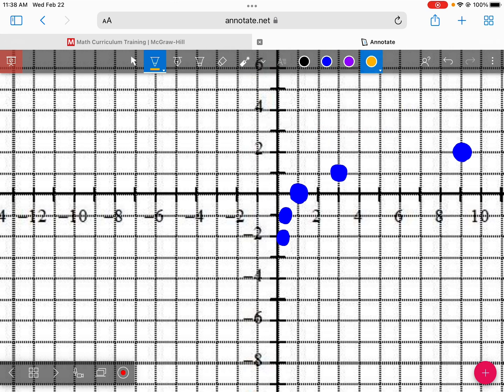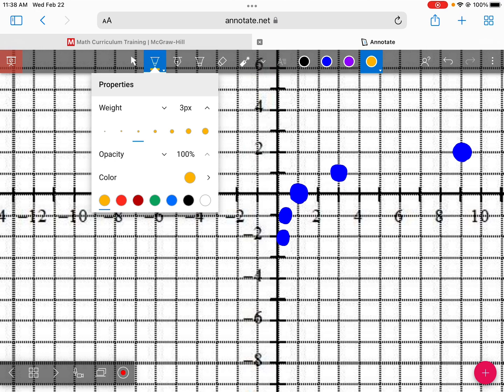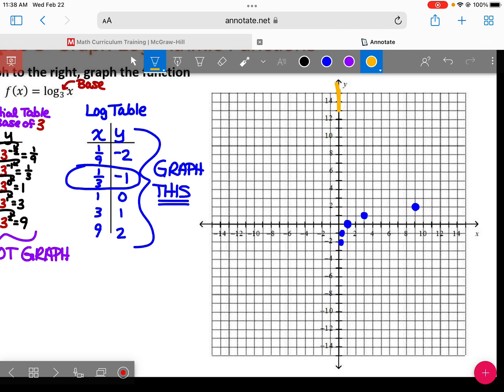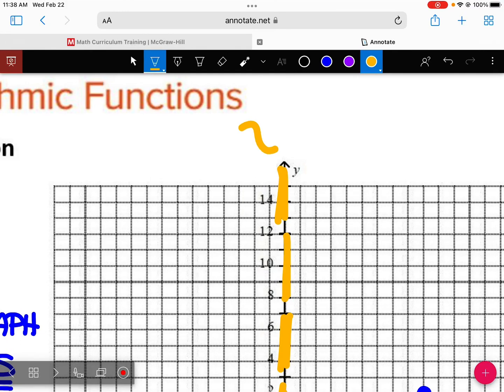If you remember, we talked about this yesterday. We have vertical asymptotes with logarithms. The y-axis is my vertical asymptote for this parent. This is x equals 0.